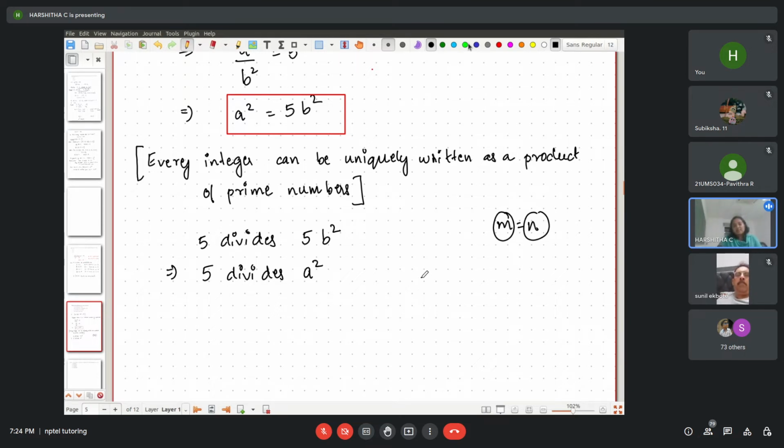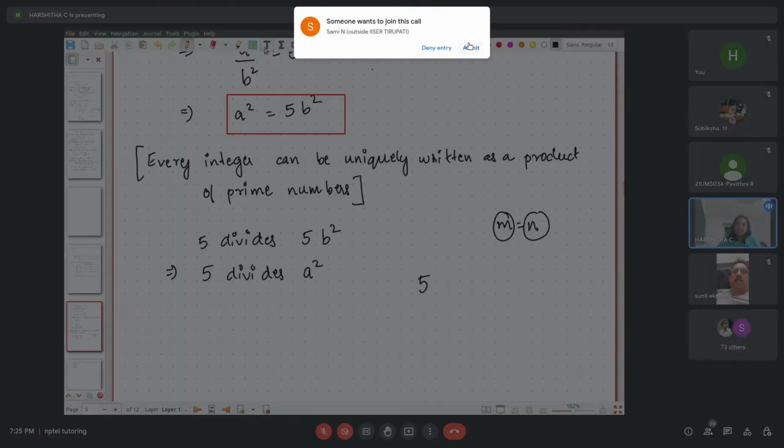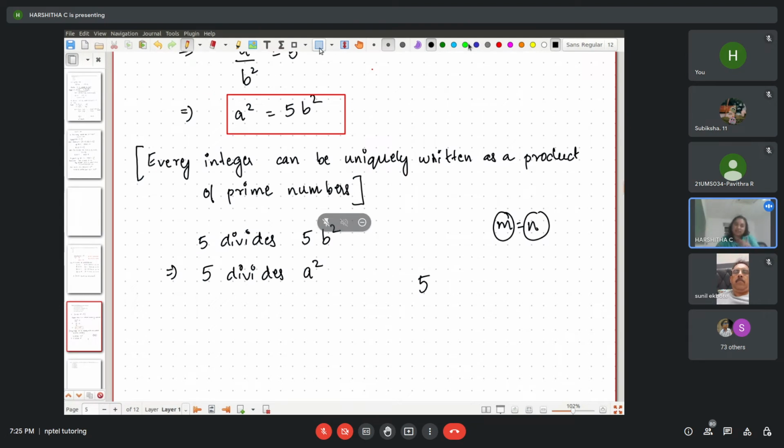So you have 5 dividing some number square. Right? So like, can it divide the square of a number if it does not divide the number itself? So you can just think about it and see that this does not happen. So this will happen only if 5 divides a.